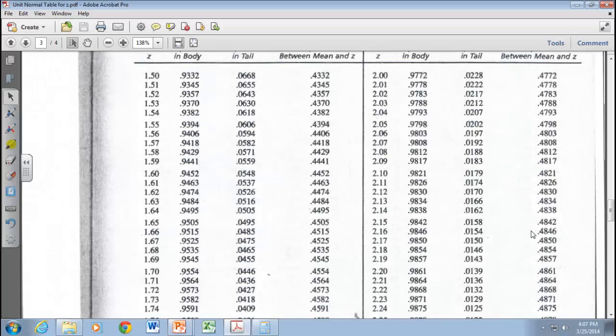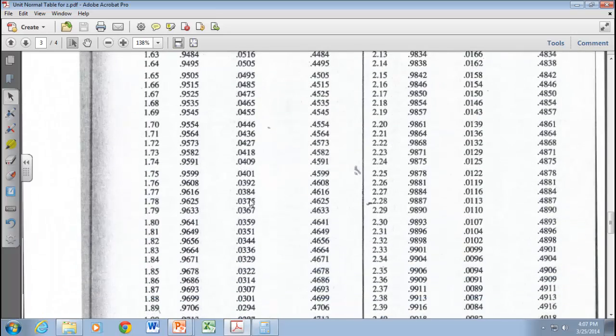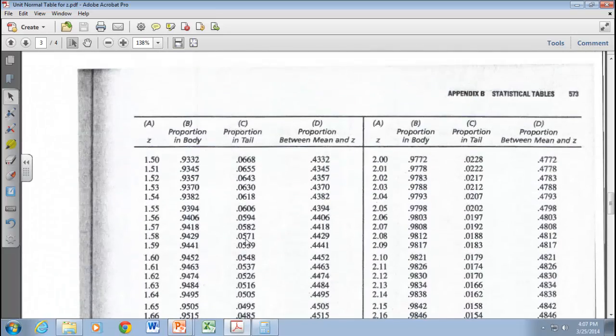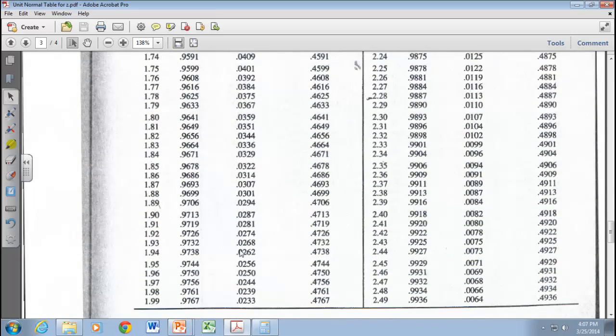Okay, so we're looking for 0.025 in the tail. So let's see, 0.025, and these are in numeric order. They get smaller as you go. 0.025. Okay, luckily we actually have an exact 0.025.